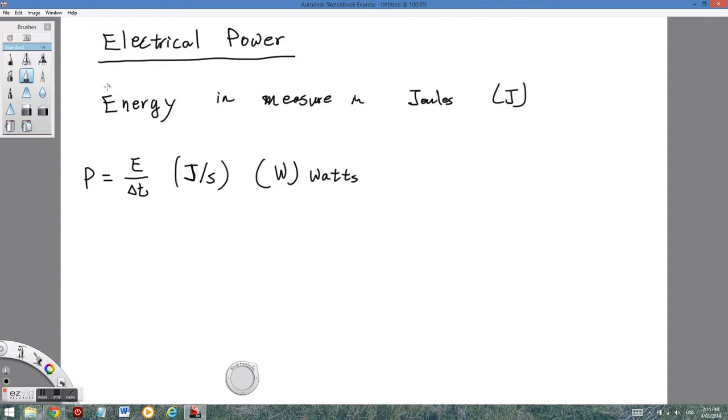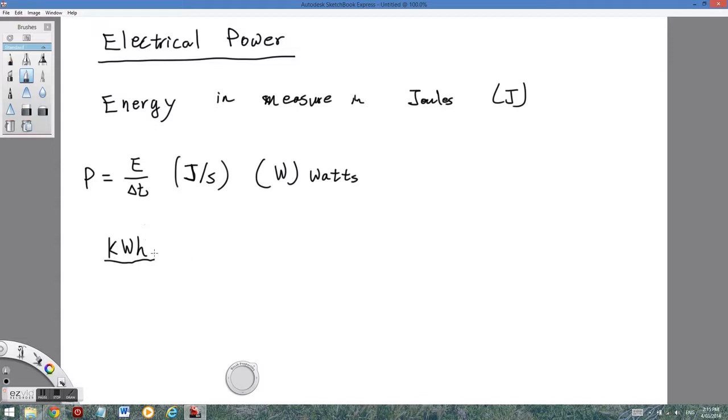Now if you look at your household electricity bill, you find the unit kilowatts hour. Now, what does this mean?